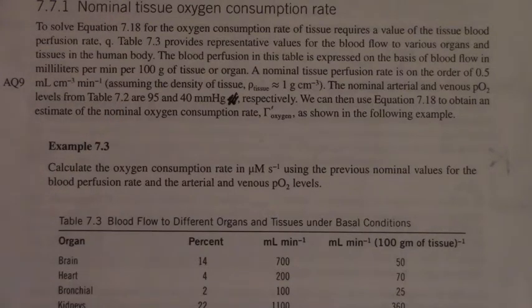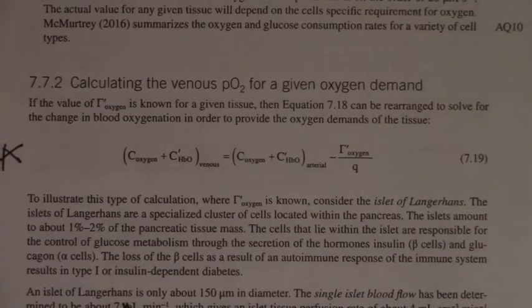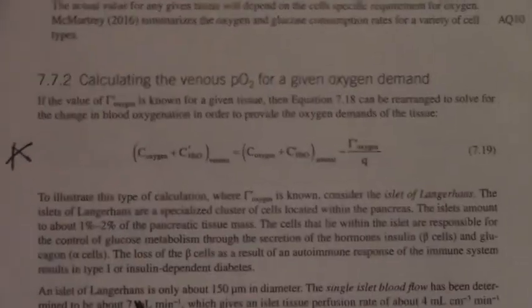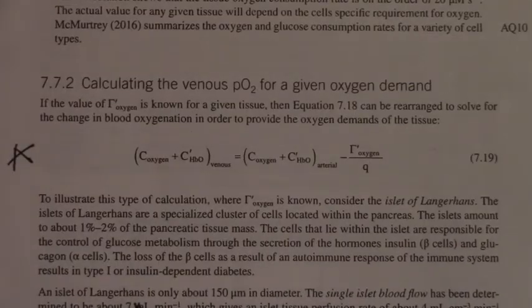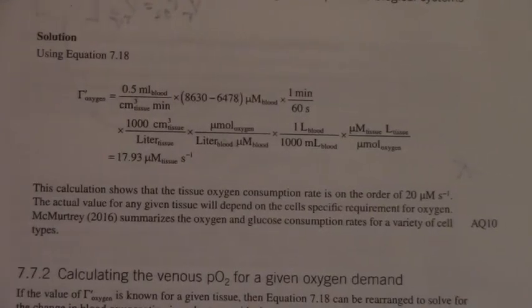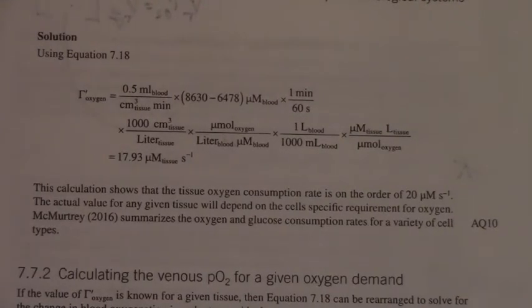So we'll use that as our Q in equation 7.18, along with the PO2 of arterial and venous blood. And as shown at the top of the next page, we can then calculate a nominal oxygen consumption rate of tissue. You have to remember that this value varies for all the different types of tissue in the body. So this is more just for illustrative purposes.